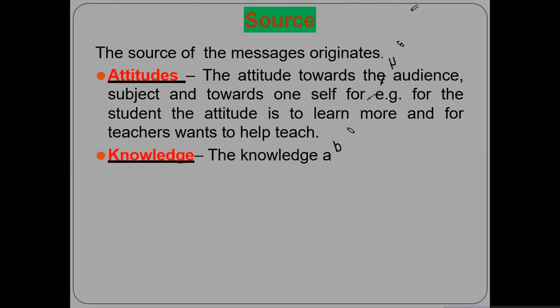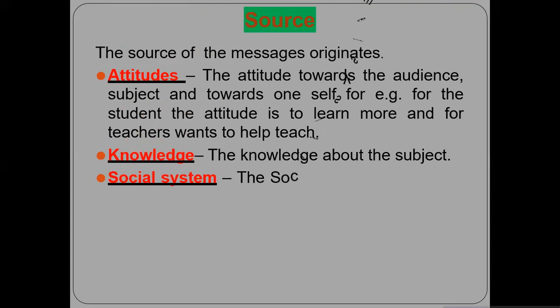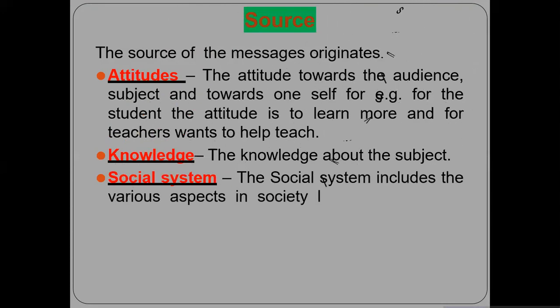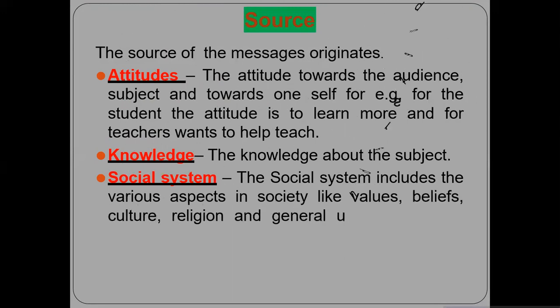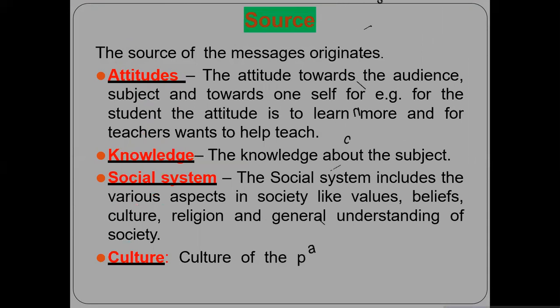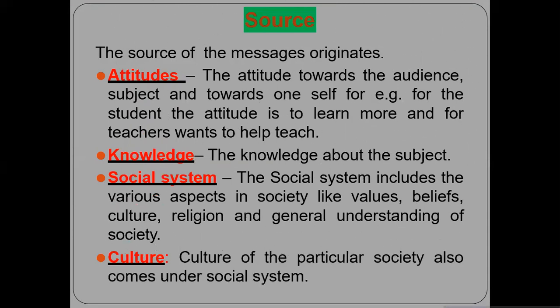Then knowledge, the knowledge about the subject. The social system includes various aspects in society like values, beliefs, culture, religion, and general understanding of the society. Culture of the particular society also comes under the social system.